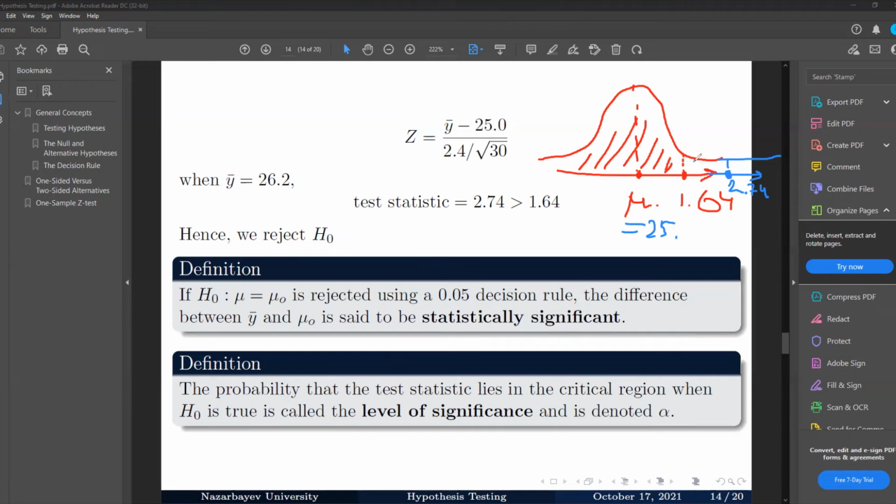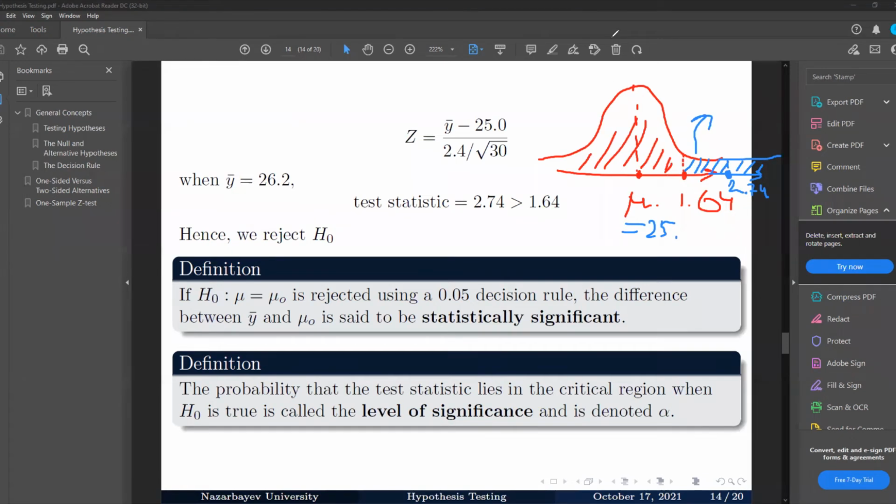So basically, under our null hypothesis, we have a 5% probability of drawing samples that will result in a y bar that is far to the right of our mean here.